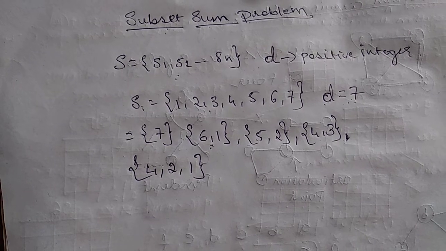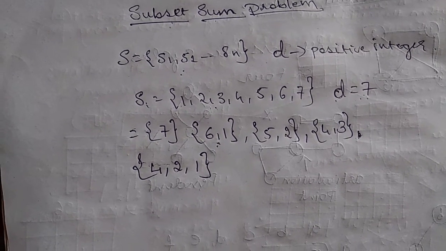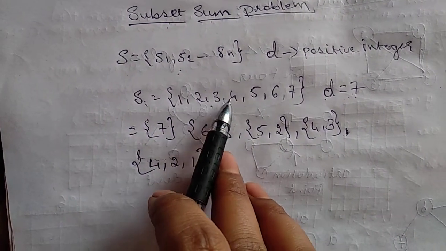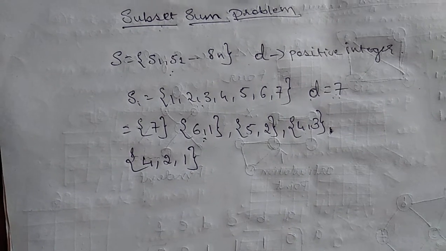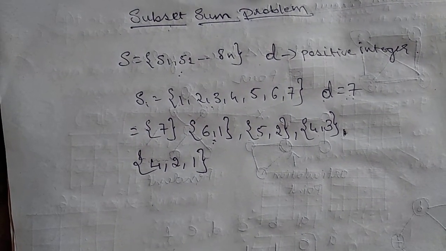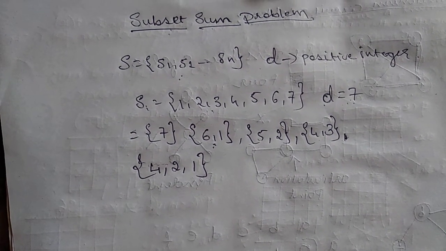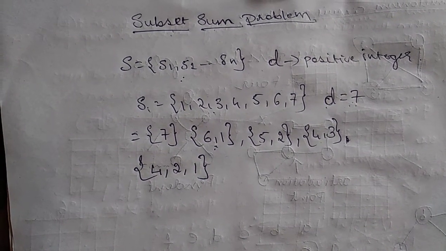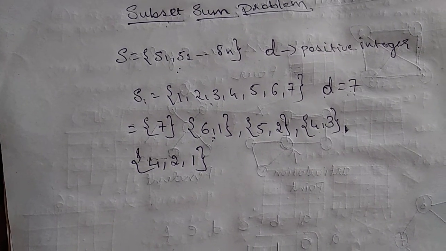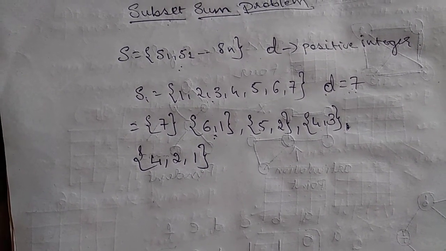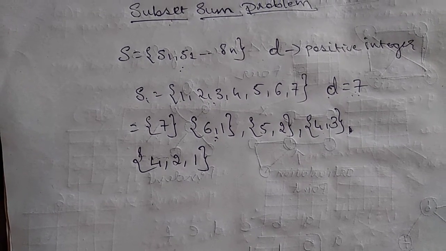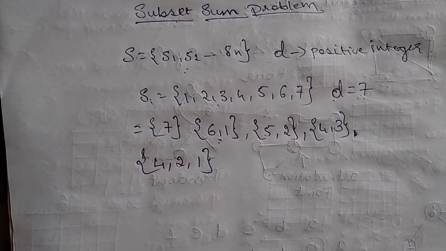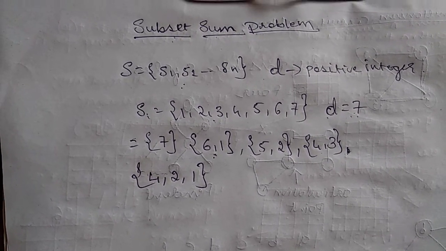Always in the subset sum problem we have to start with 0, because if I can take 1 or 2 or 3 or 4, any one number, one student will take one number, another student will take 3, another student will start from 7, so you will get different answers. So the root node we have to take with no decision, that is 0. You have to always start the root node with 0 in the subset sum problem, that you have to remember.